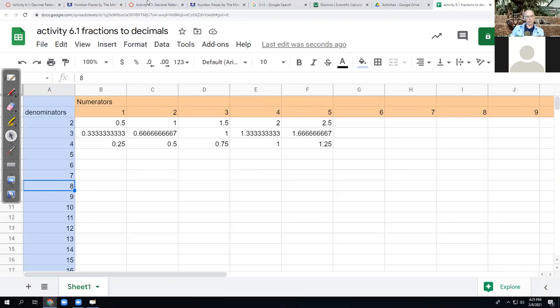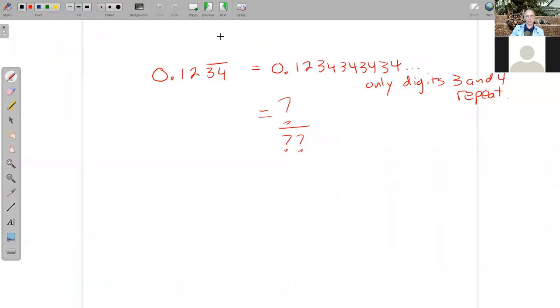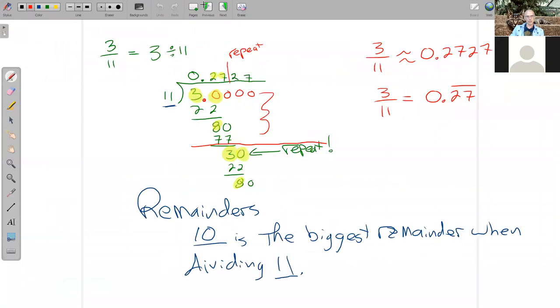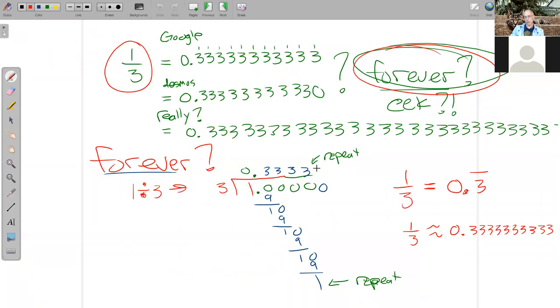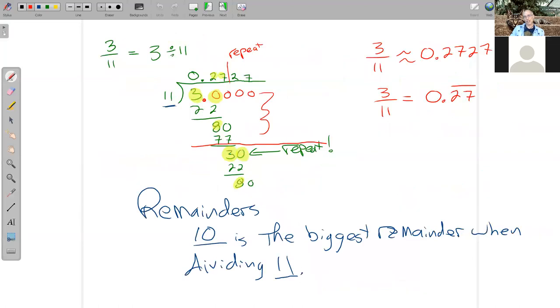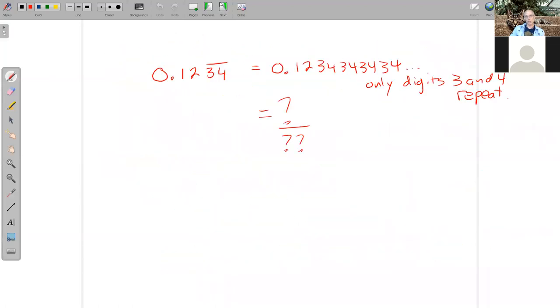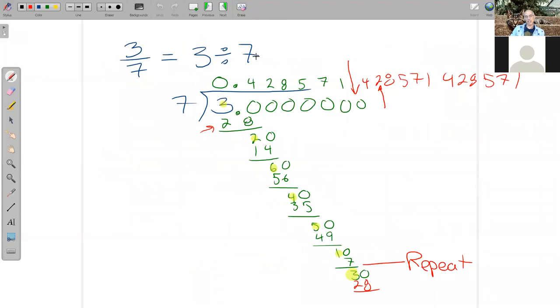Like earlier, for example. So here we looked at 1/3, that didn't terminate. We looked at 1/11, that didn't terminate. We looked at 1/7, 3/7, that didn't terminate. So maybe that means if the denominator is odd, it will repeat.